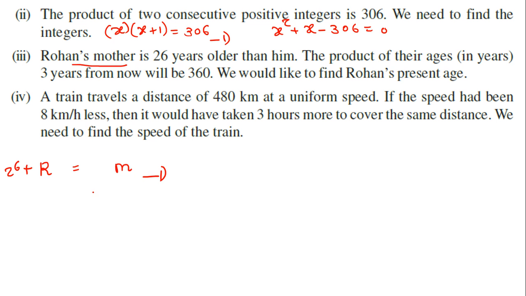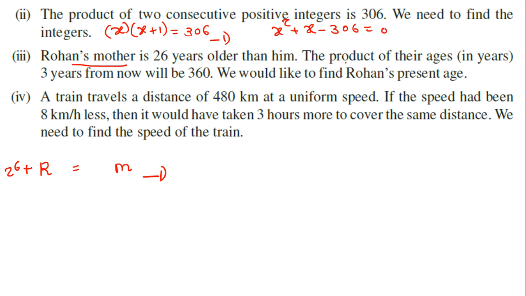Don't be confused in this part. Now, the product of their ages 3 years from now. This is the future tense. Now for the second equation, what to do? Add 3 in both, that is the main part.